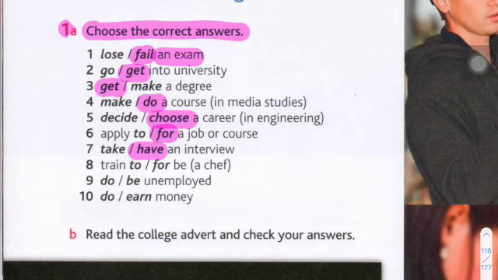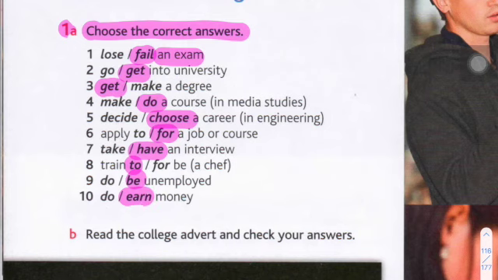And here the correct answer is train to be a chef. Number nine, do unemployed or be unemployed? This is an easy one. It is be unemployed. And finally, number ten, do money or earn money? This is another very easy one. It is earn money. Good.